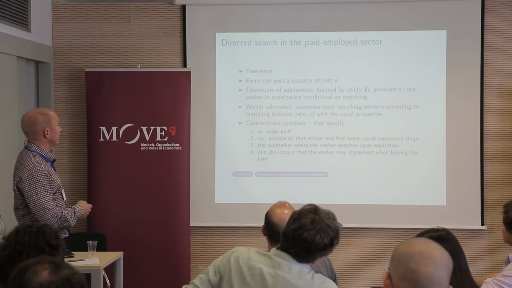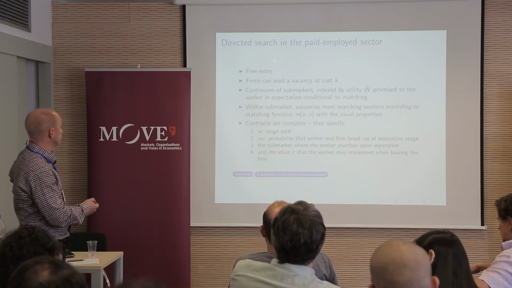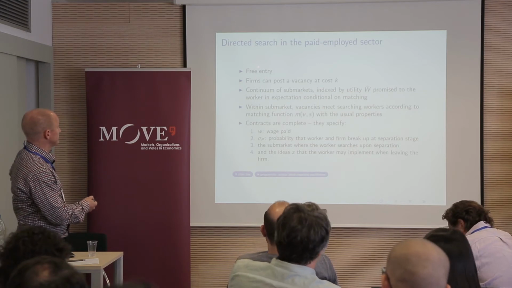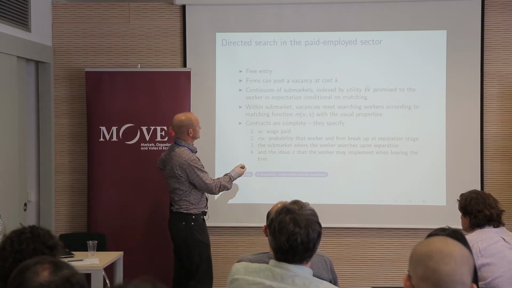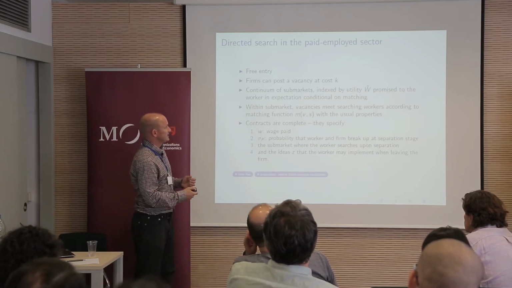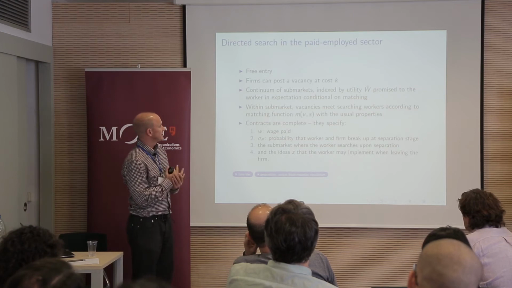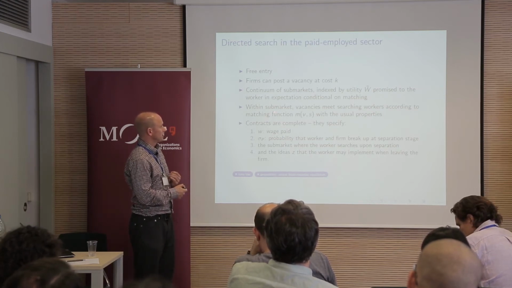Now, how does directed search work? For those of you who know it, it's just plain standard. In the paid employment sector, there's free entry of firms. A firm can post a vacancy at a cost K. And now there's a continuum of submarkets indexed by the utility omega tilde promised to the worker in expectation conditional on matching.